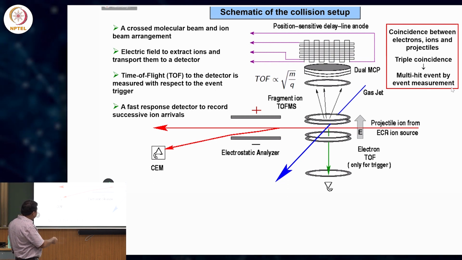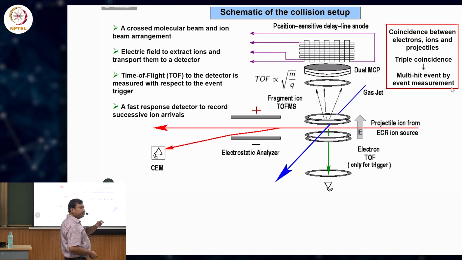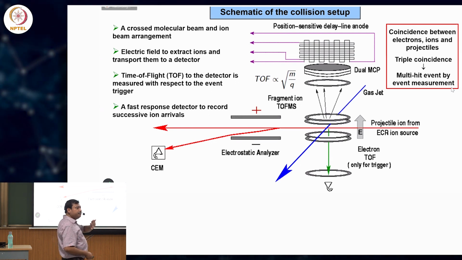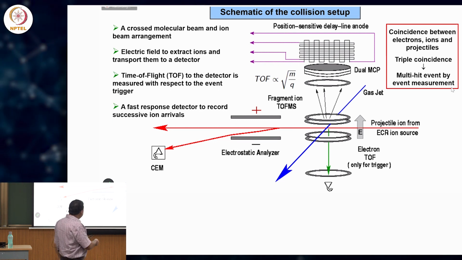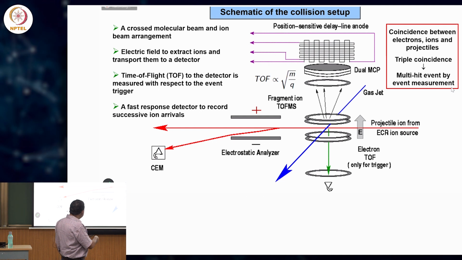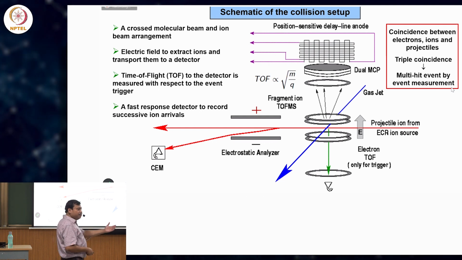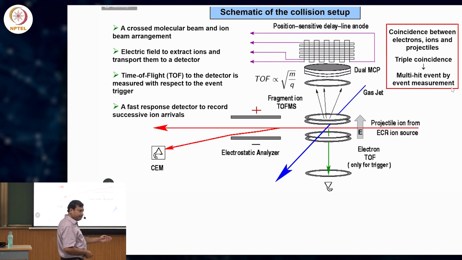Due to this projectile ion, since the outer shell electrons are loosely bound and the projectile is highly charged, meaning it is devoid of electrons, it will collect a number of electrons from there. If it collects 1 electron, if you start with argon 8 plus, the projectile will now become argon 7 plus.